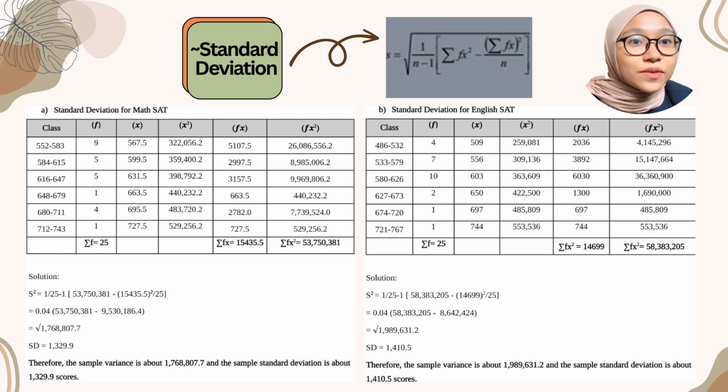Meanwhile, the sample variance of English SAT is about 1,989,631.2 and the sample standard deviation is about 1,410.5 scores.